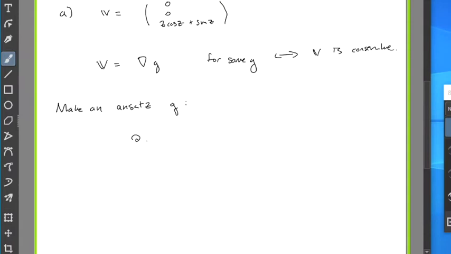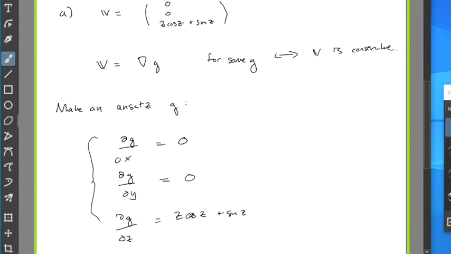Then the partial derivative of G with respect to X needs to be 0. So that's this 0. The partial derivative with respect to Y also needs to be 0. And the partial derivative with respect to Z needs to be equal to Z cosine Z plus sine Z.